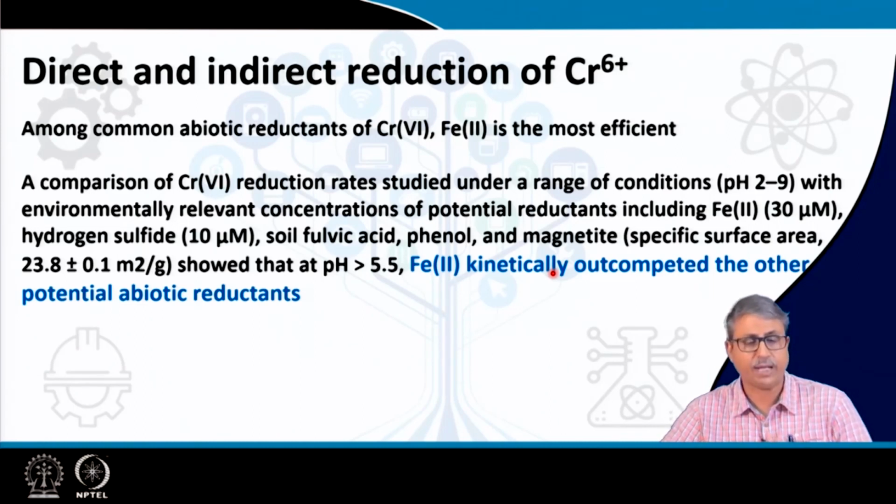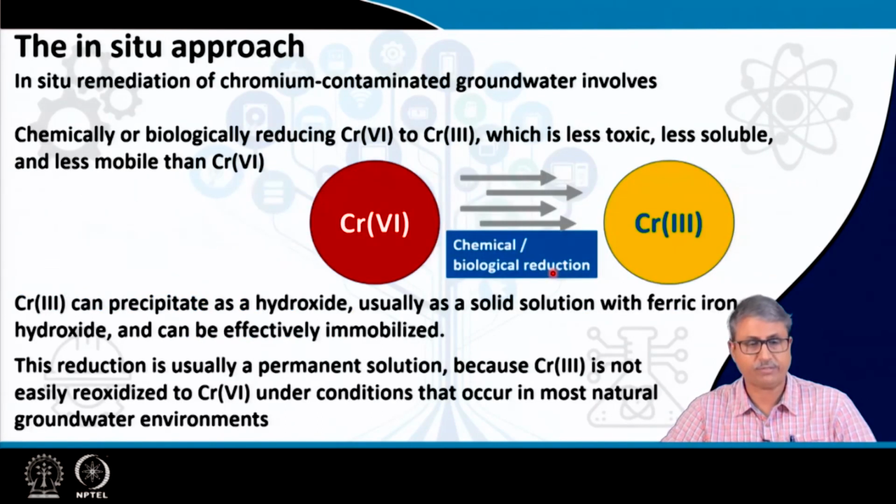That means, even if you have fulvic acid, phenol, magnetite or sulphides, Fe2+ will be a potent reductant for reducing the chromate.